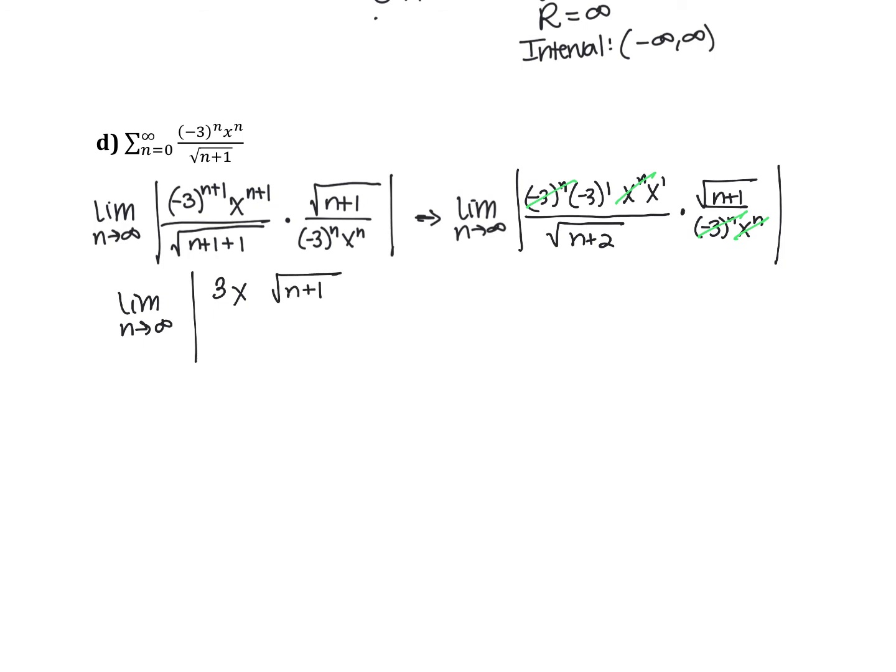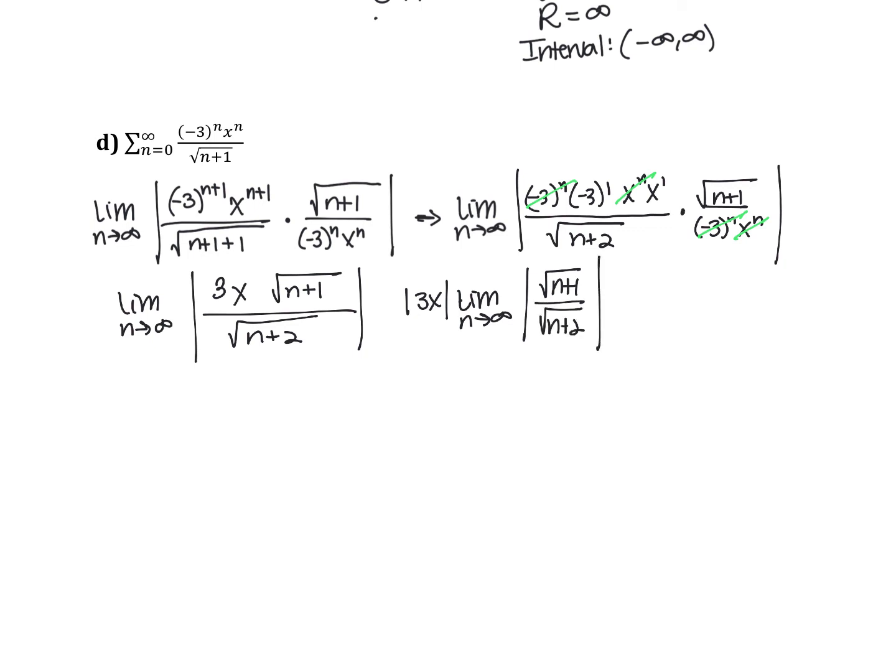Square root of n plus 1 over the square root of n plus 2. And since I'm taking the limit as n approaches infinity, I'm going to pull out the 3x. So I have the absolute value of 3x times the limit as n approaches infinity of the square root of n plus 1 over the square root of n plus 2.